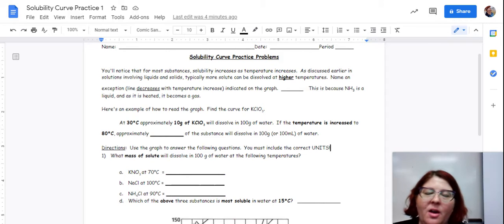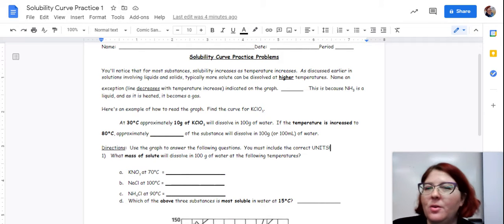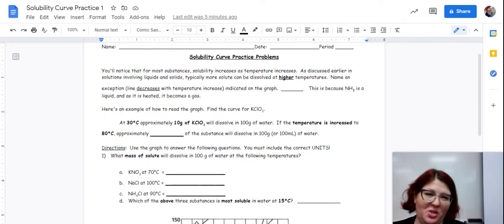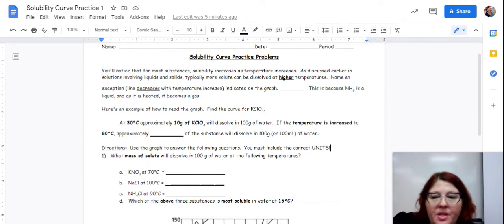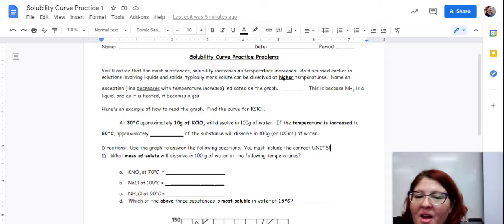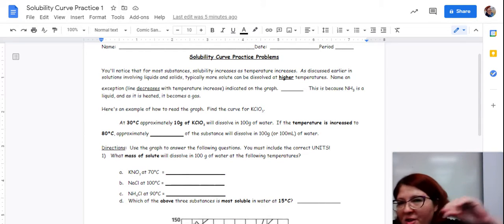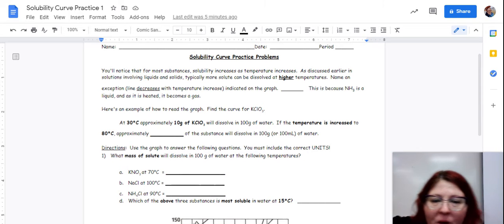When you order unsweet tea and try to sweeten it with sugar, that doesn't work very well because the tea is cold and doesn't dissolve as much sugar as the hot tea does when you're brewing sweet tea. As discussed earlier, in solutions involving liquids and solids, typically more solute can be dissolved at higher temperatures. This is important: we're talking about dissolving solid stuff in liquid water.